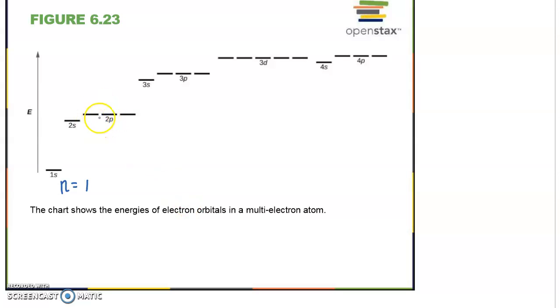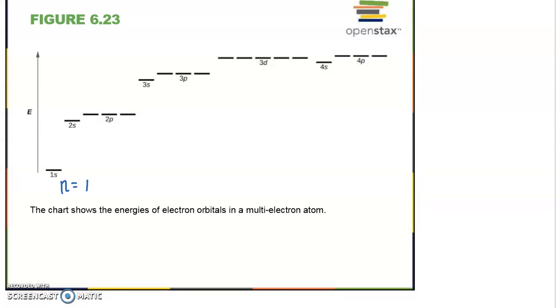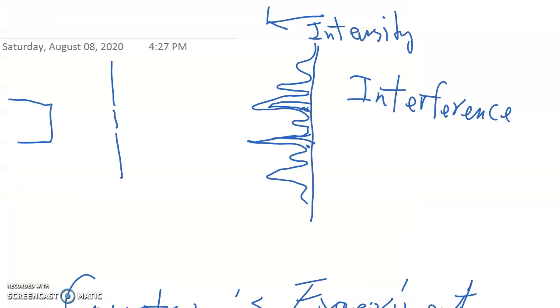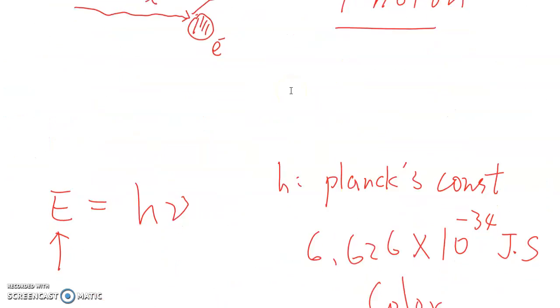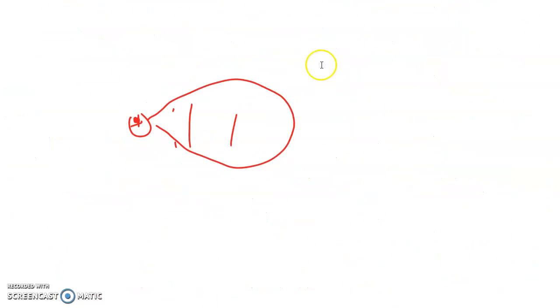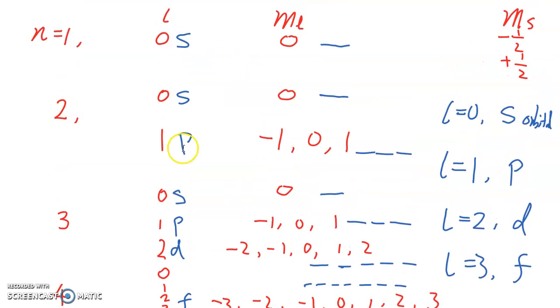And how come here in the 2p we can have 3 lines? Well, that is based on what we got before. Okay, that's from here.